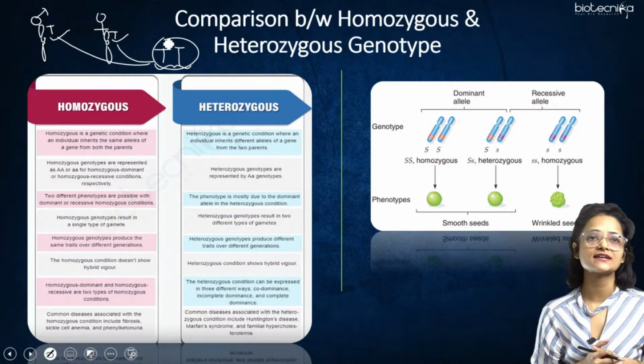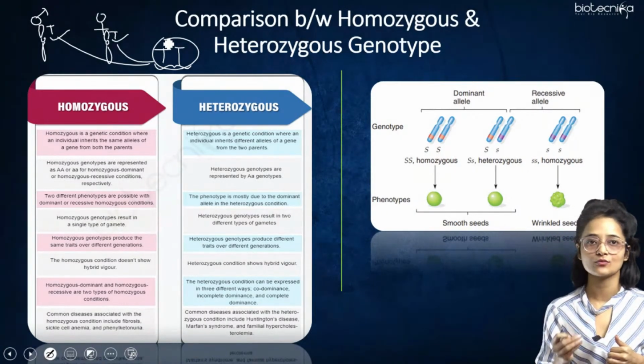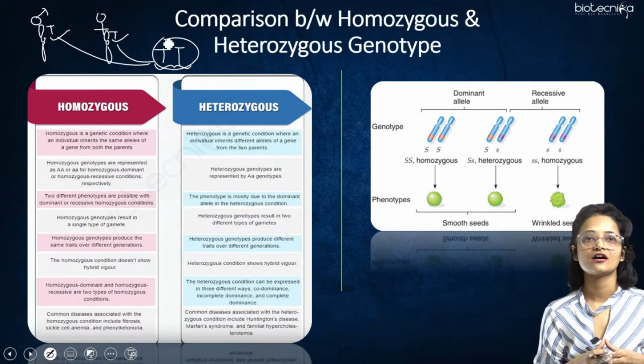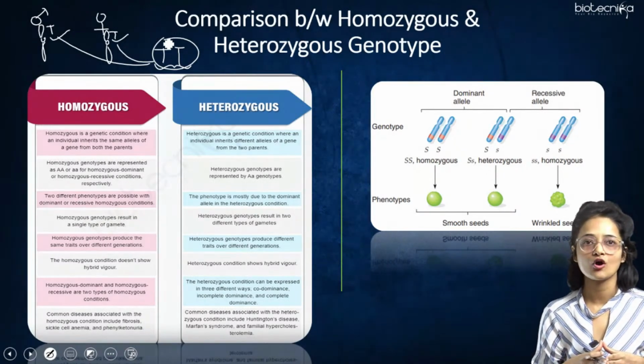Second, it says the homozygous genotypes are represented as capital A, A or small a, for homozygous dominant or homozygous recessive condition respectively, right? Two different phenotypes are possible with dominant or recessive homozygous conditions.